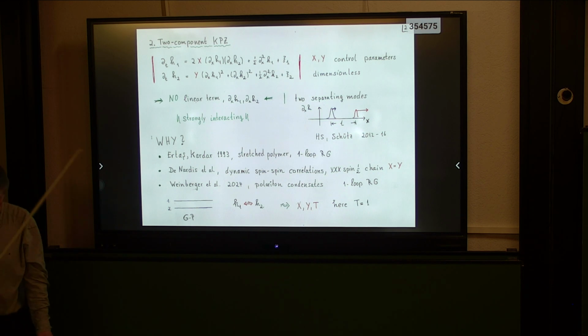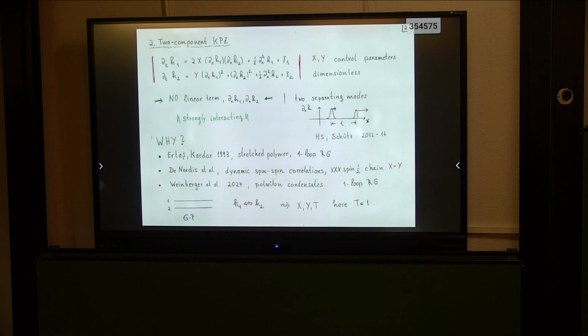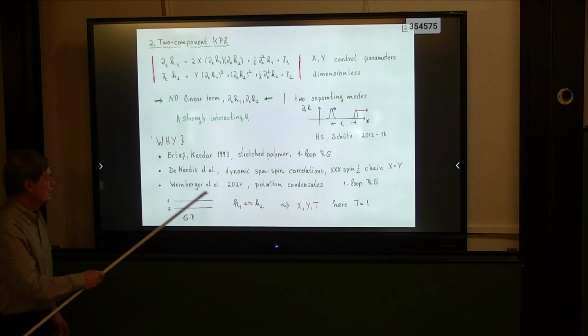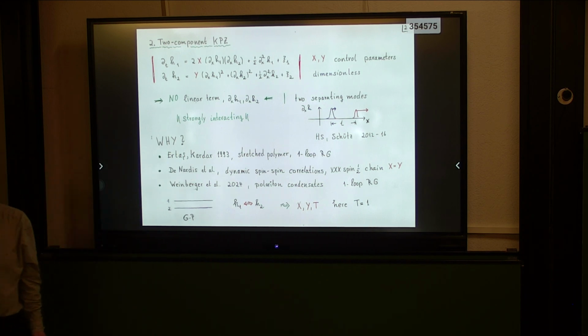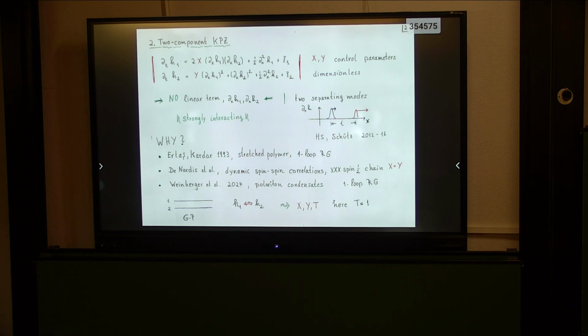Then there's another work which I like personally very much because it proposes a somewhat different and more direct physical realization. This is a problem coming from nonlinear optics. In nonlinear optics, you can manufacture the system in such a way, still in one dimension, like a channel, that you get the analog of a Bose-Einstein condensate.